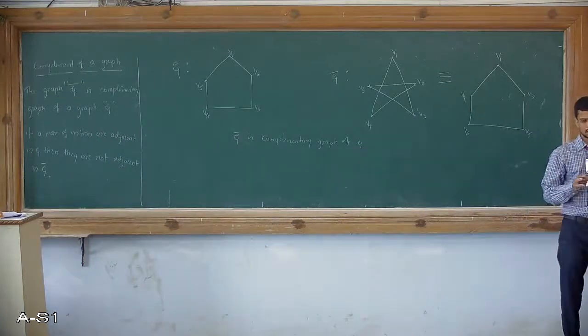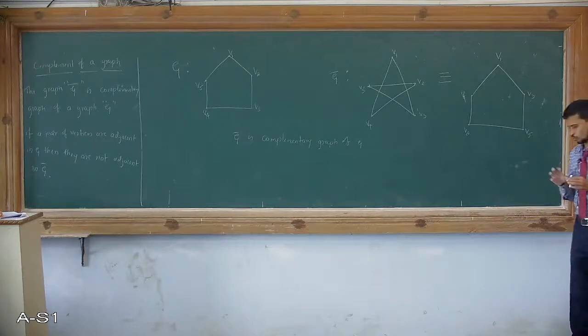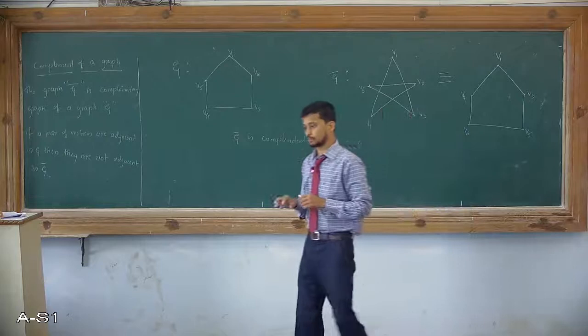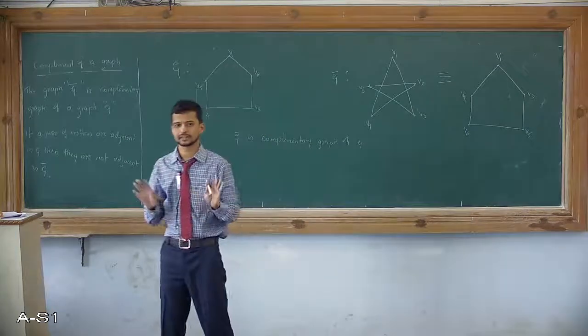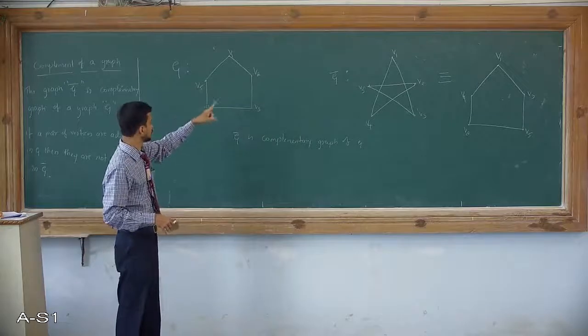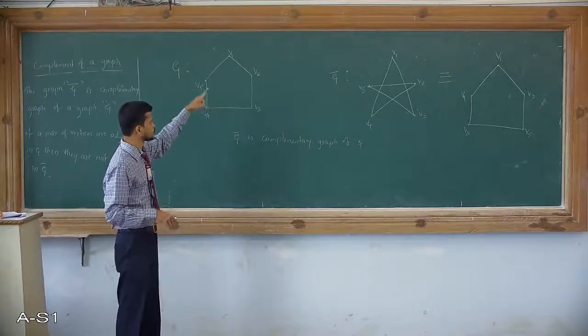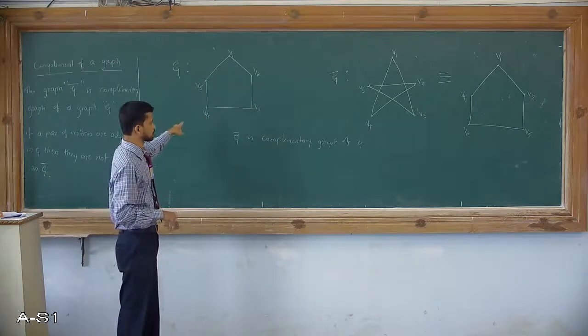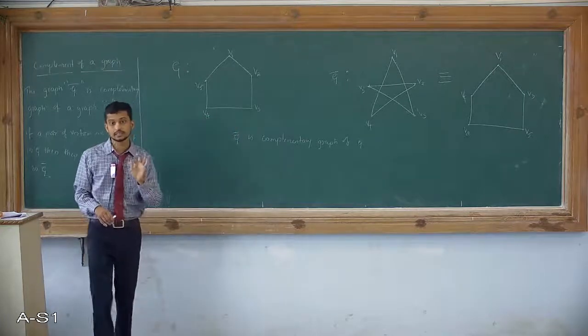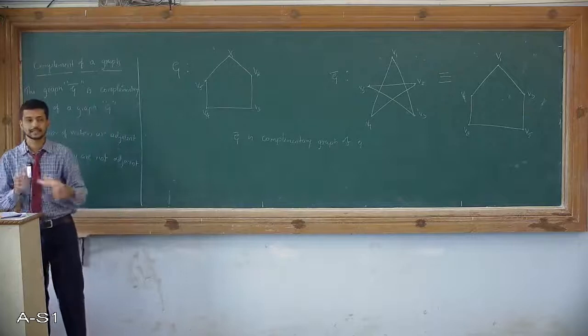The vertex names are different, but the visualization of graph G and G bar are the same now. Here V1 stands for V1, V5 stands for V4, V2 stands for V3, V4 stands for V2, V3 stands for V5. So then these two graphs are exactly the same.